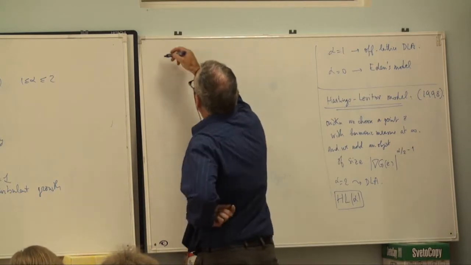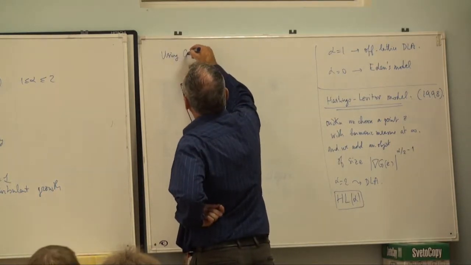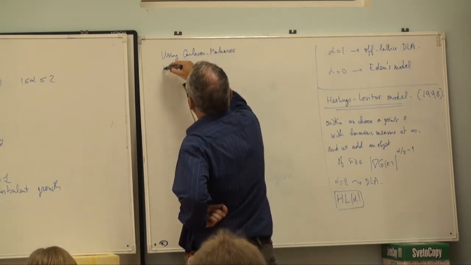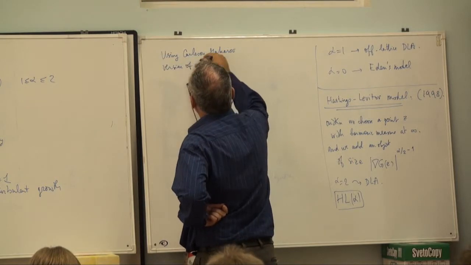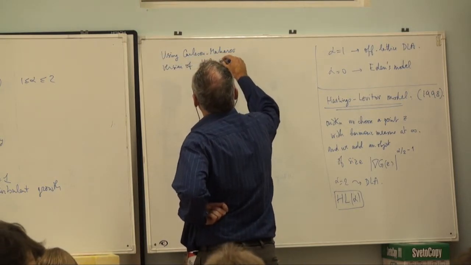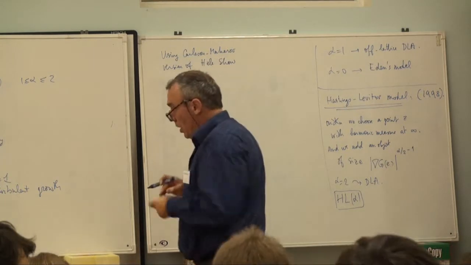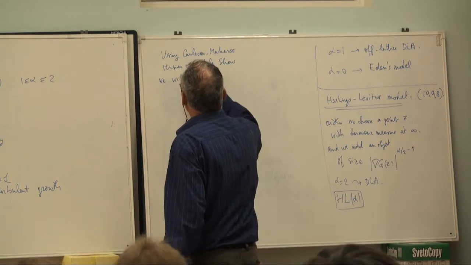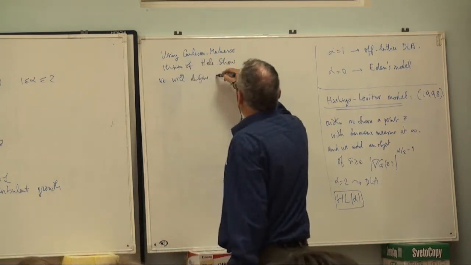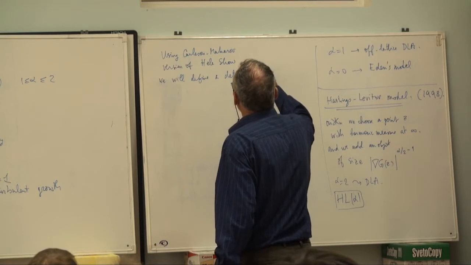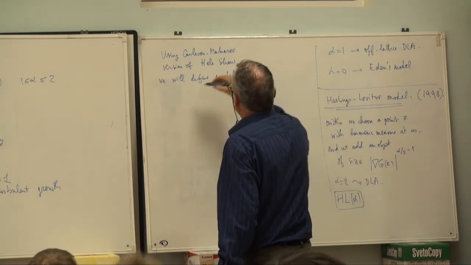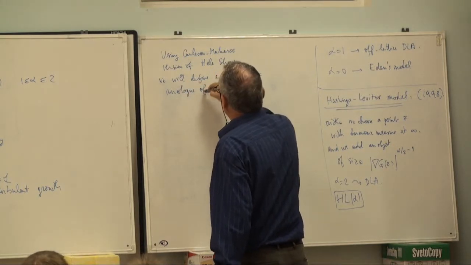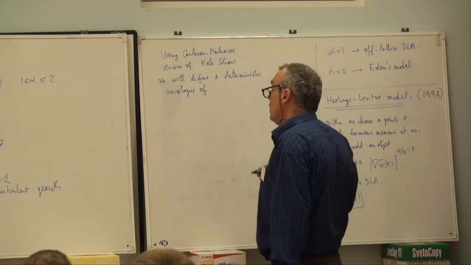So using the Carleson-Makarov version of Hele-Shaw, we will define a deterministic analog of HL alpha.